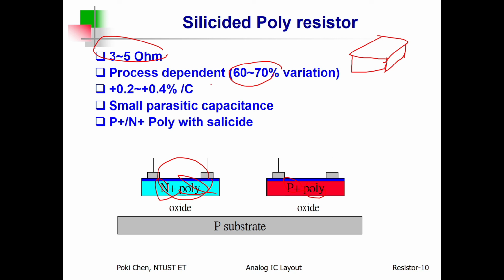Then according to the temperature coefficient, you have the TC. The temperature coefficient is about positive 0.2 to 0.4% per degree. That's it. For such kind of poly resistor, why I told you the performance is the best because it gets the smallest parasitic capacitance, simply because it is far away from such kind of P substrate. Substrate is quite noisy, right? So as far away as possible.